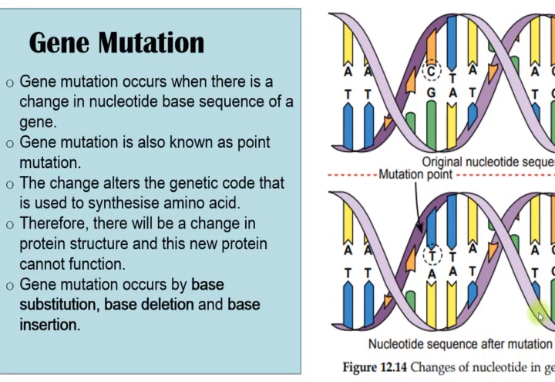Okay, C is cytosine. So cytosine is substituted with T. T refers to thymine, right? So it will cause changes of the gene, of the DNA. Okay, so these are examples of the gene mutation, the changes of the nucleotide in a gene.